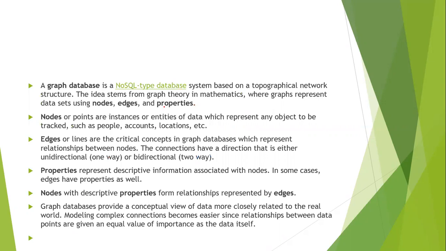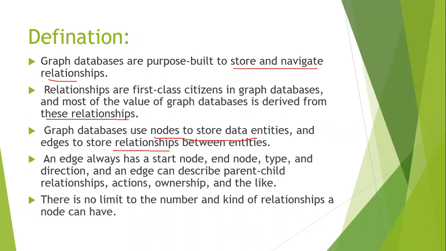Here, an edge always has a start node, an end node, a type and a direction. For example, consider student is one node, lecturer is one node. What is the relation between student and lecturer? Teaching is a relation. Student learns from lecturer, learn, L-E-A-R-N.